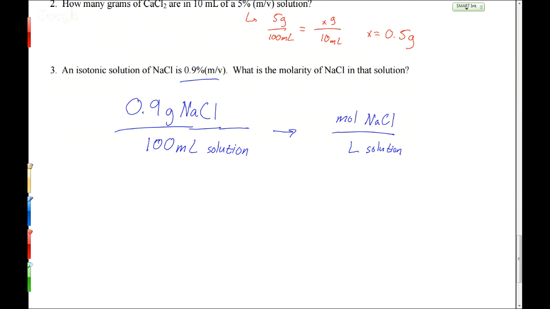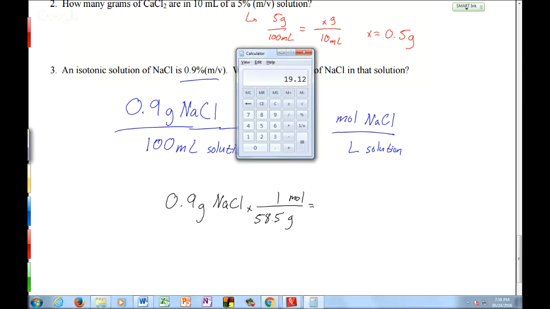Okay, the next one, this one's a little tougher. An isotonic solution of NaCl is 0.9% mass by volume. So again, that 0.9% mass by volume means 0.9 grams of NaCl in 100 milliliters of solution. And then it's asking, what is the molarity of that solution?